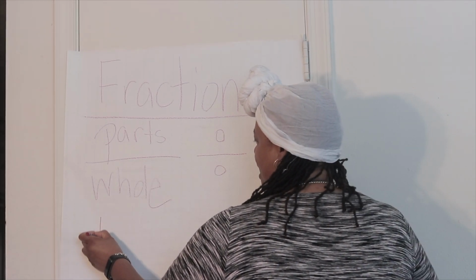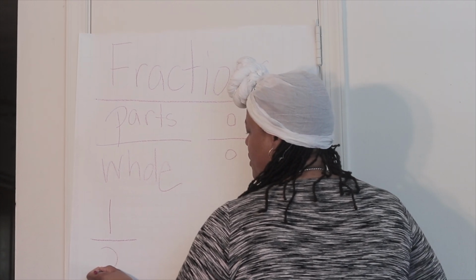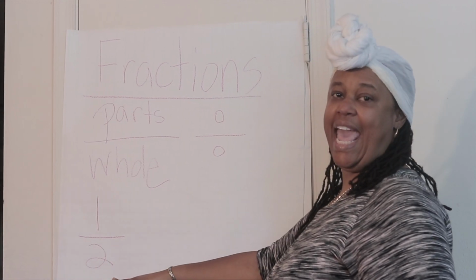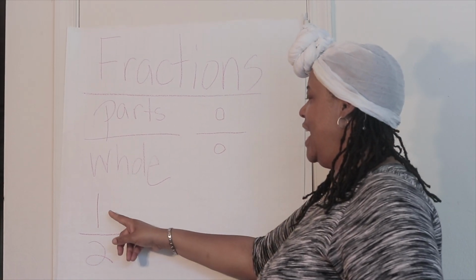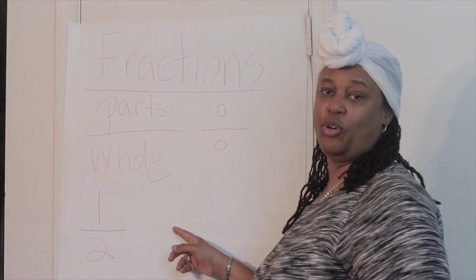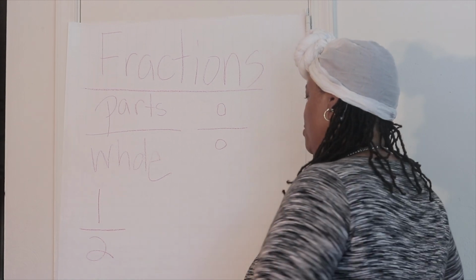So if I have one part of two pieces, that is called 1/2. In order for me to change this fraction into a decimal, I must divide the denominator by the numerator.